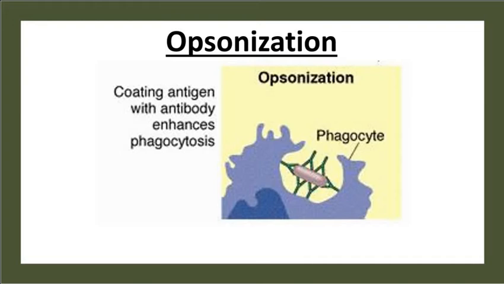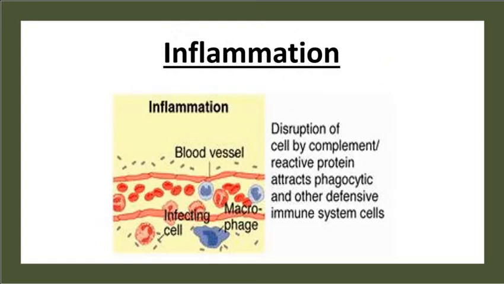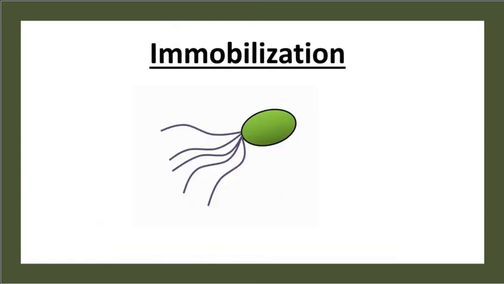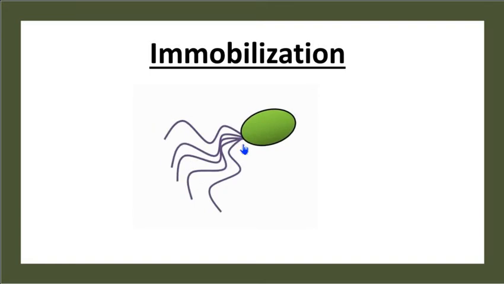Okay, the next type is immobilization. Immobilization is basically where you have these bacteria or protists, and they have these flagella, which you should remember from talking about cell structures long ago.